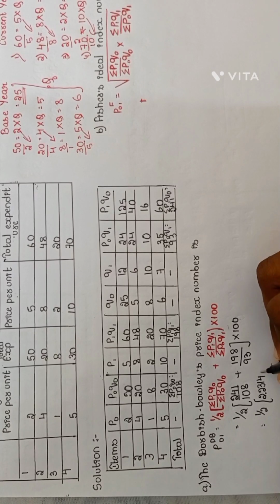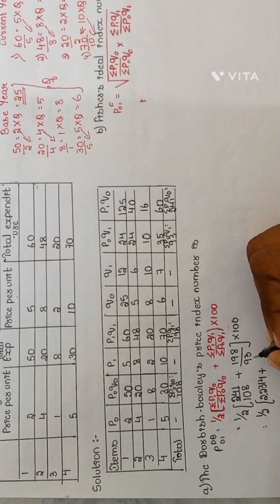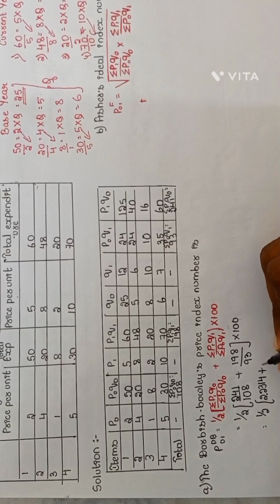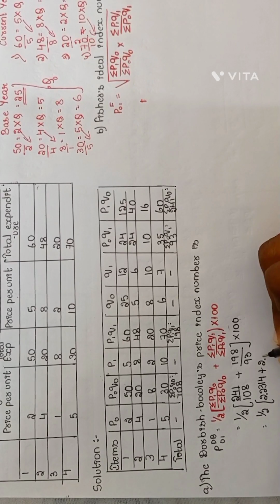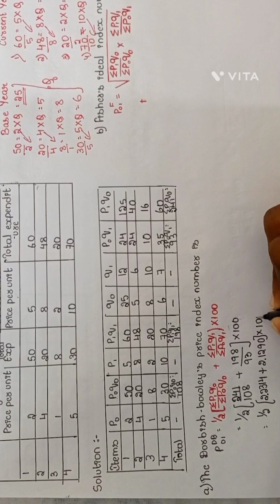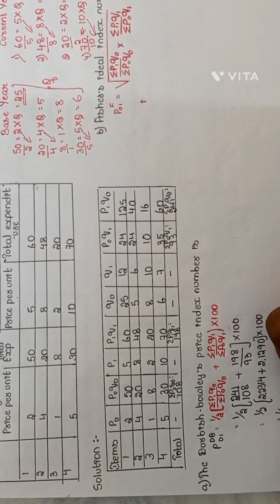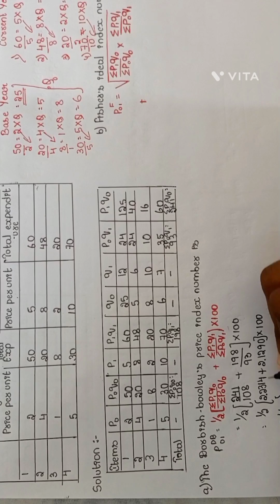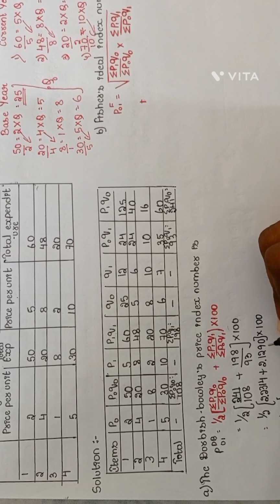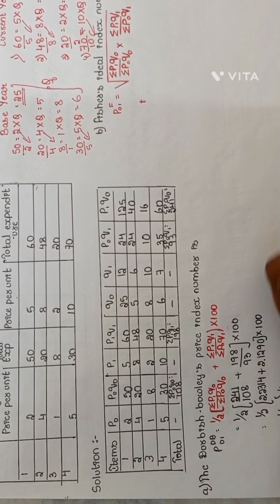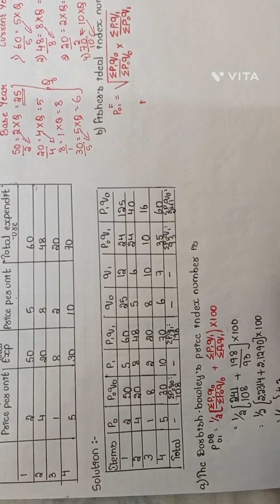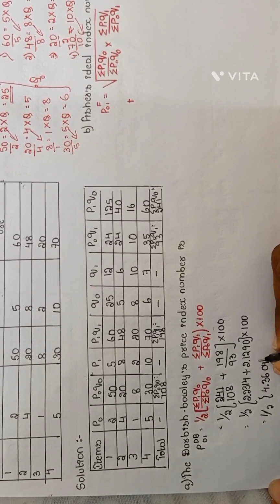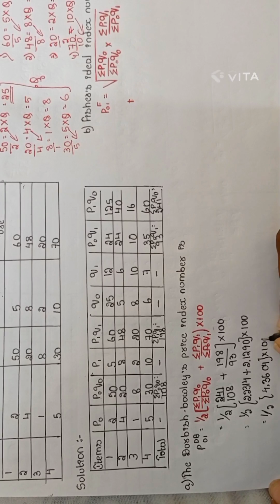You can take even 2, 3 or 4, so I am taking 4 digits. So 2.2314 plus 198 divided by 93. The answer will be 2.1290 into 100. So after doing this, let me add this. 2.2314 plus 2.1290 is 4.3604 into 100.